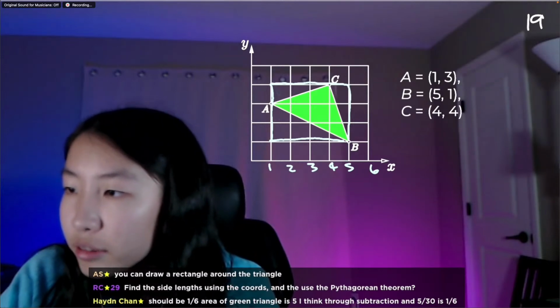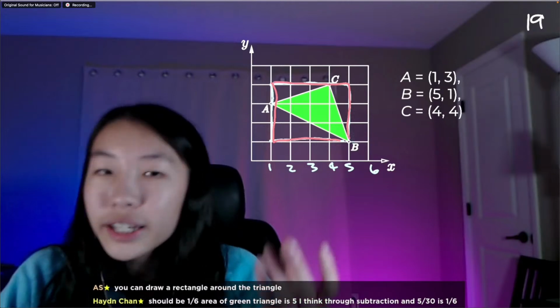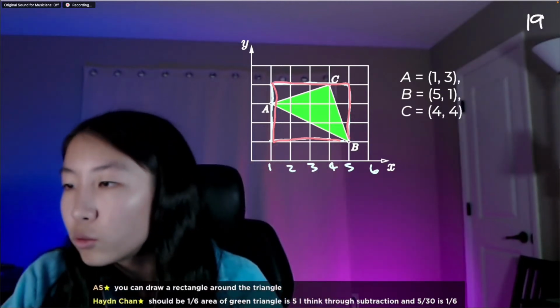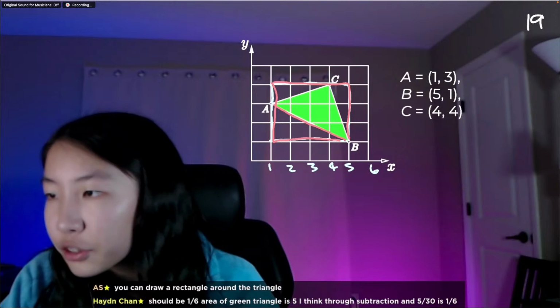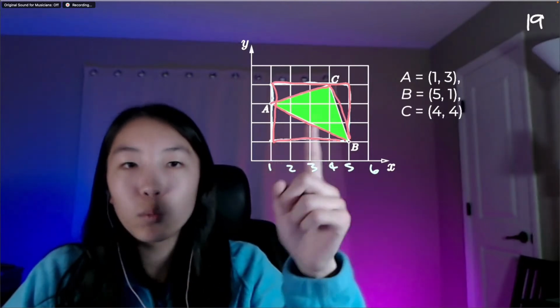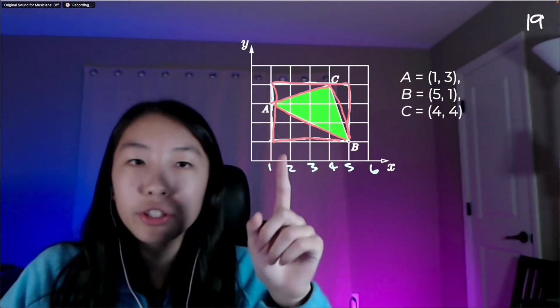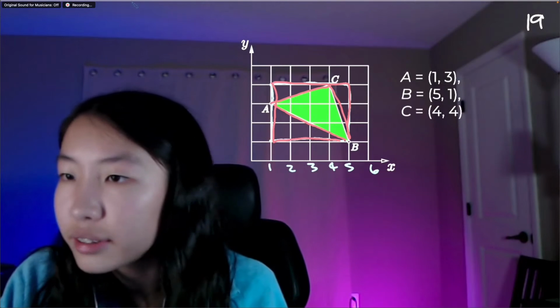And by drawing in this rectangle outside of the green triangle, we get a bunch of nice right triangles surrounding this green triangle. So my question to you guys is, what's easier to calculate? The green triangle area or the red triangle areas?